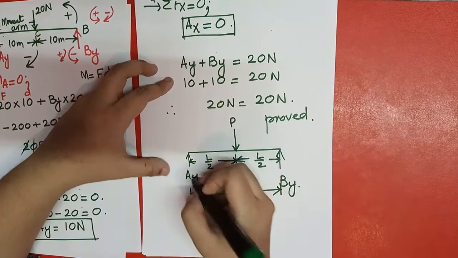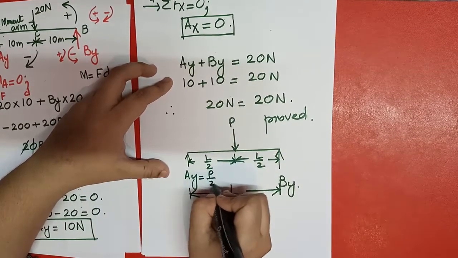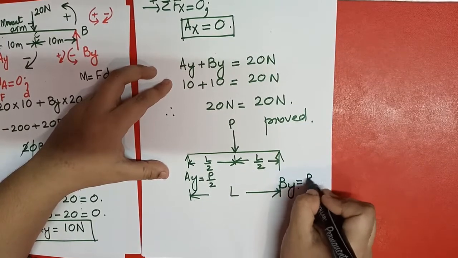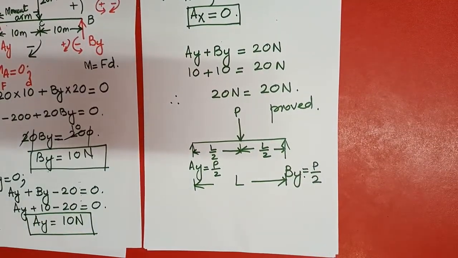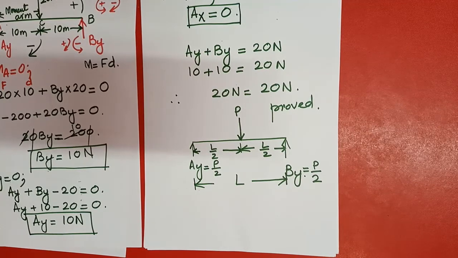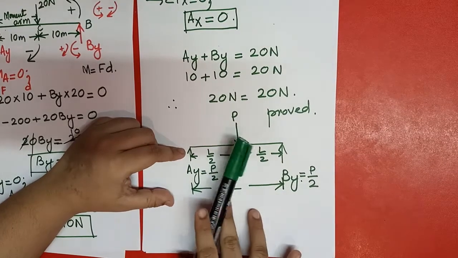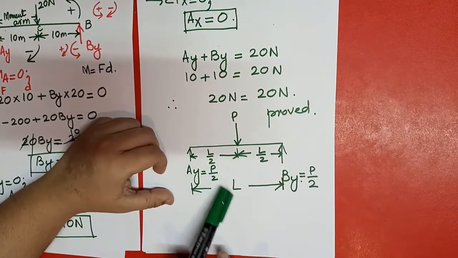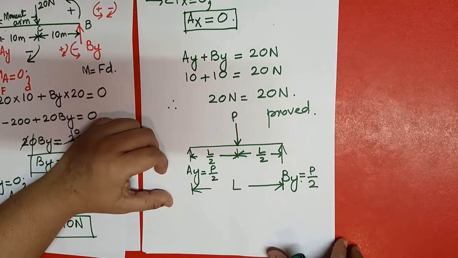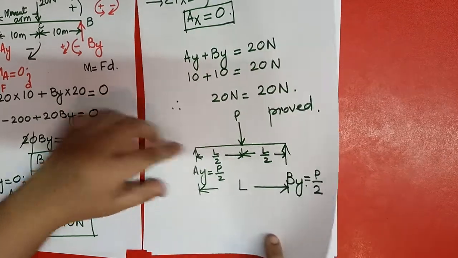So I can write Ay is equal to P divided by 2, and By should also be equal to P divided by 2, because it is exactly acting at the center. So the load is divided equally: Ay equals P upon 2 and By equals P upon 2. So this is the way to calculate the support reactions for the beams.